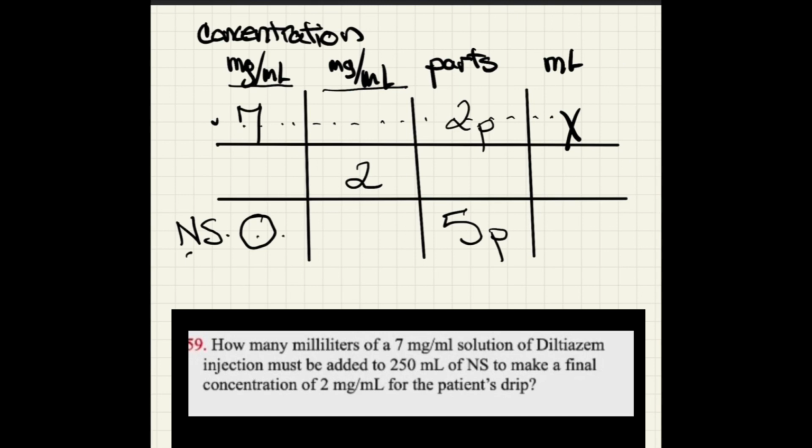Here's our NS. Go all the way across, and that's where I put my 250 mLs. And just to be safe, I did check that we need milliliters as our X in order to do our proportion. To set it up, I'm basically doing this.